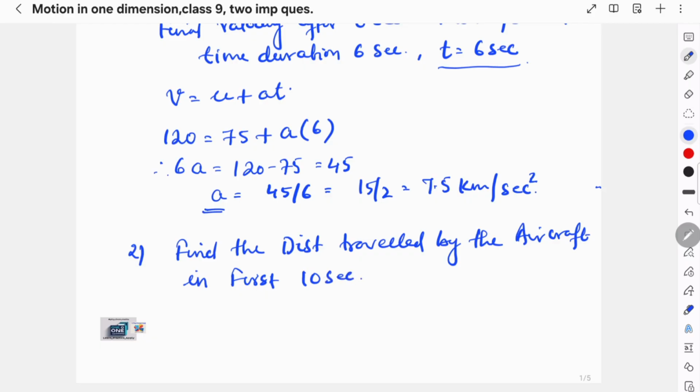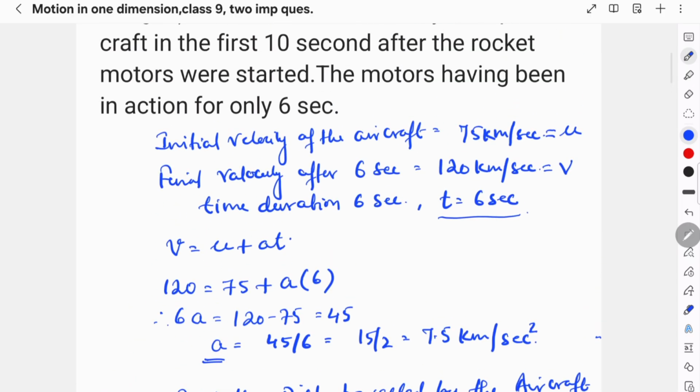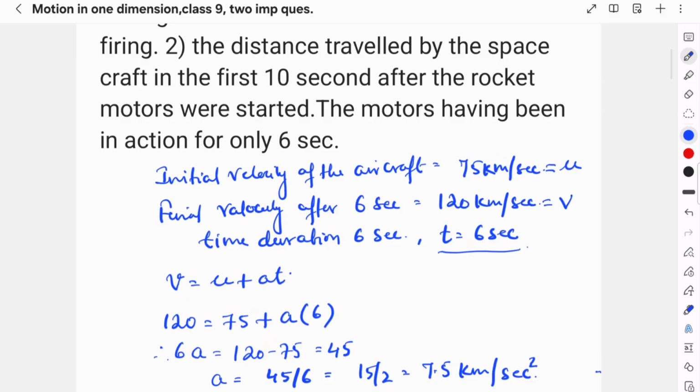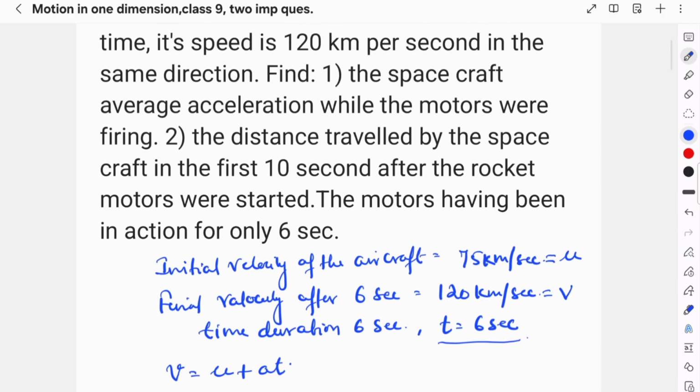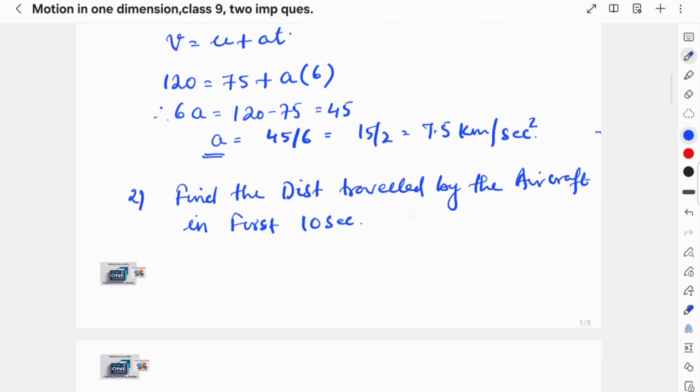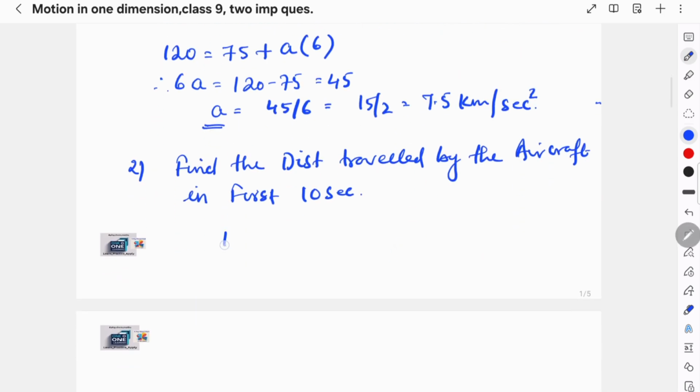Now this first 10 seconds includes the previous 6 seconds when the rocket motors were fired, isn't it? So now we'll divide this into two parts. So we'll take the first 6 seconds and then we'll take the second 4 seconds. So now total 6 plus 4 will give us the total distance in the first 10 seconds.